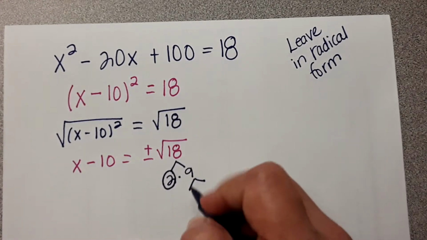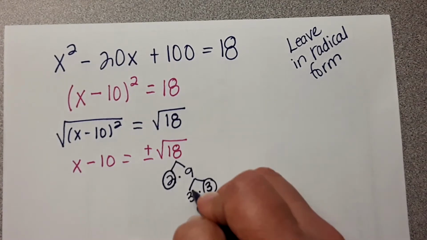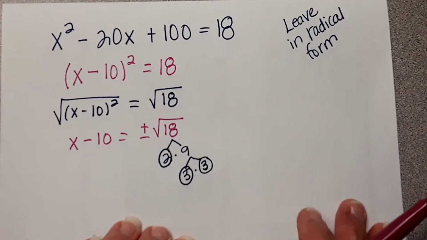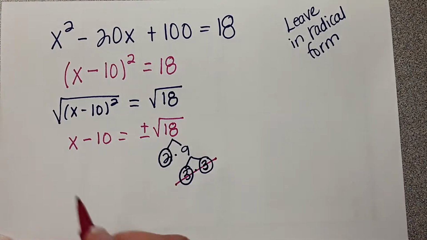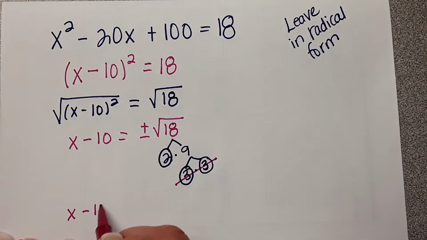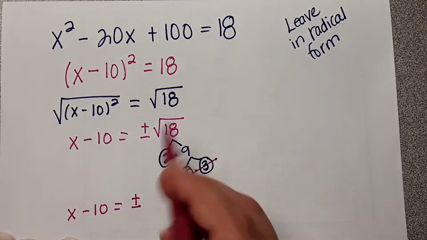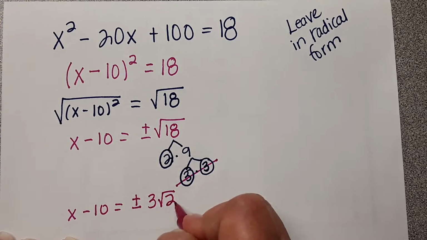Two numbers you can multiply to get 9 are 3 times 3. This is a pair of shoes I can wear. So x minus 10 equals plus or minus. These go on the outside because they are a pair, and the 2 is left on the inside.